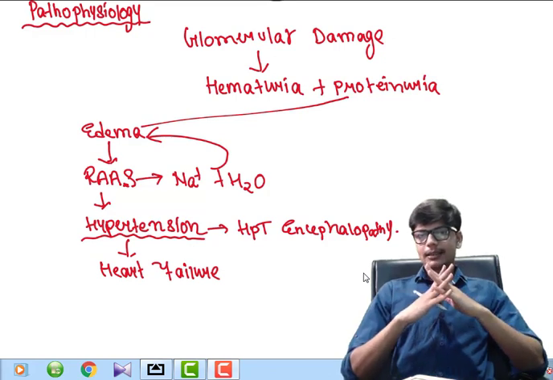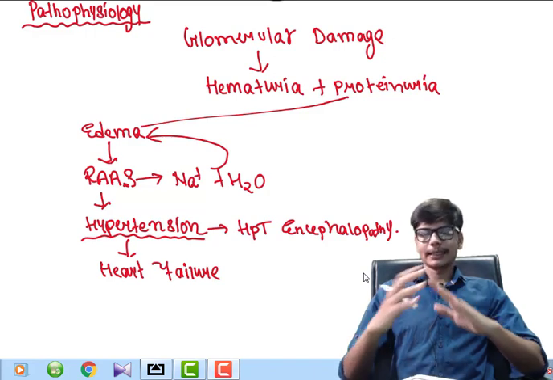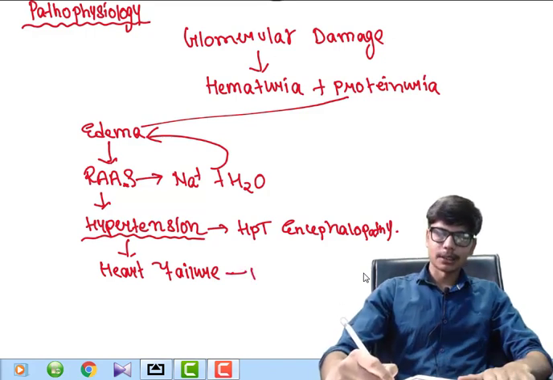The heart failure in this case is due to increase in the afterload. As there is hypertension, there is increase in the afterload, which results in heart failure, and the heart failure can result in pulmonary edema.